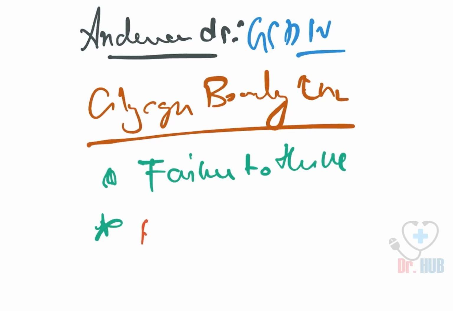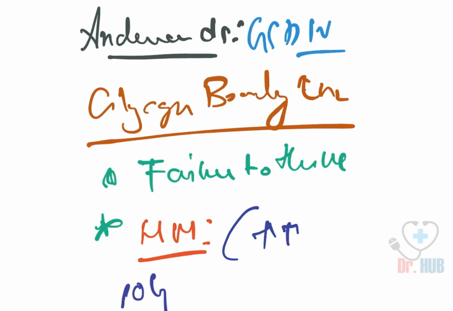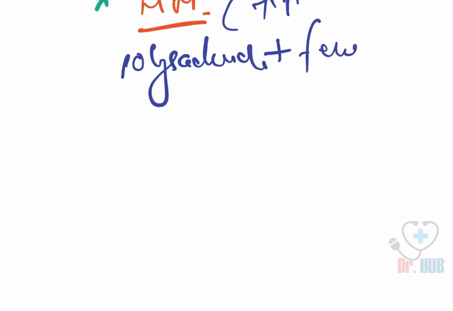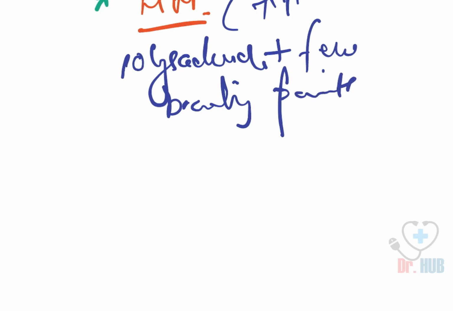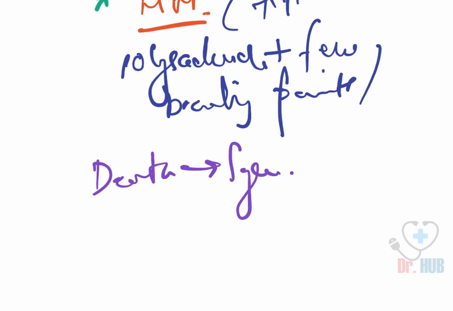Next, there is the presence of hepatomegaly. And why is this? This is due to the increase in accumulation of the polysaccharides with few branching points. Then there may be death at the age of 5 years as well.